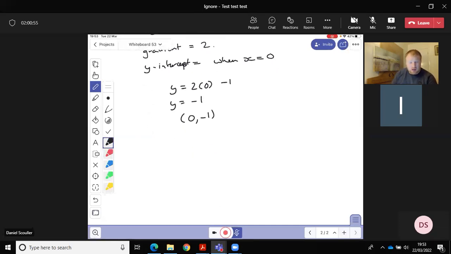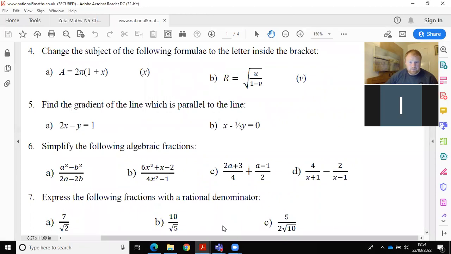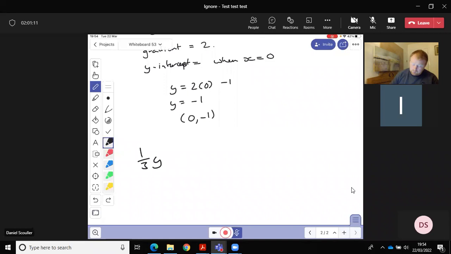Okay, second one: x minus a third y equal to 0.